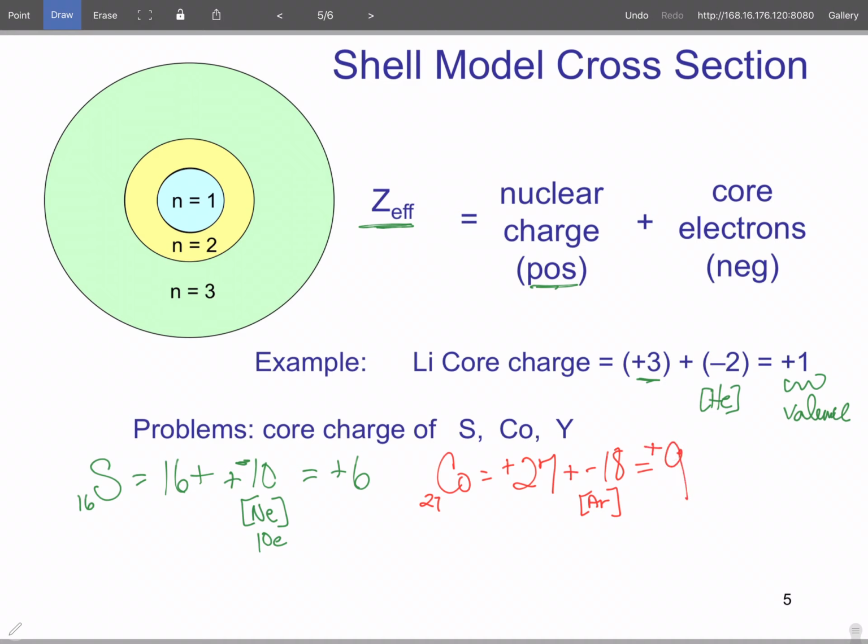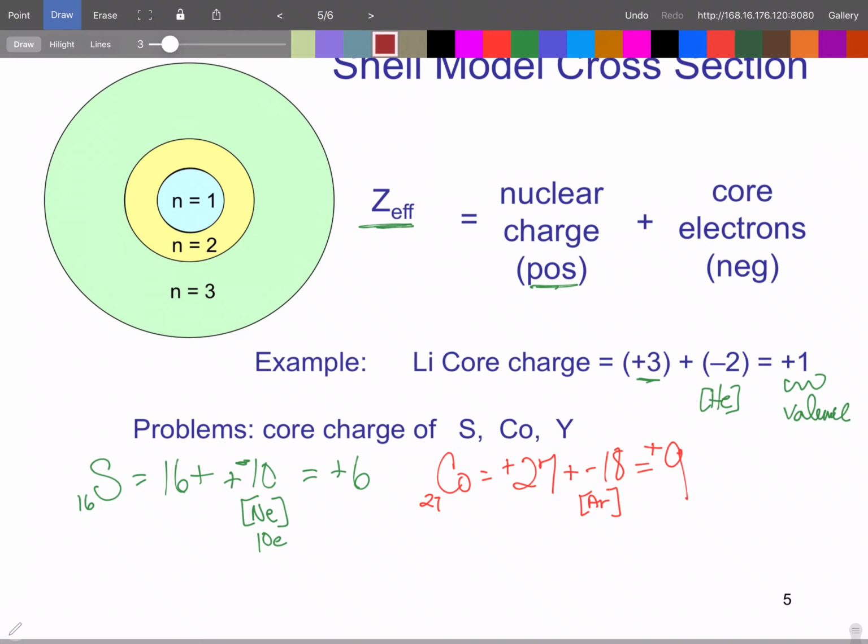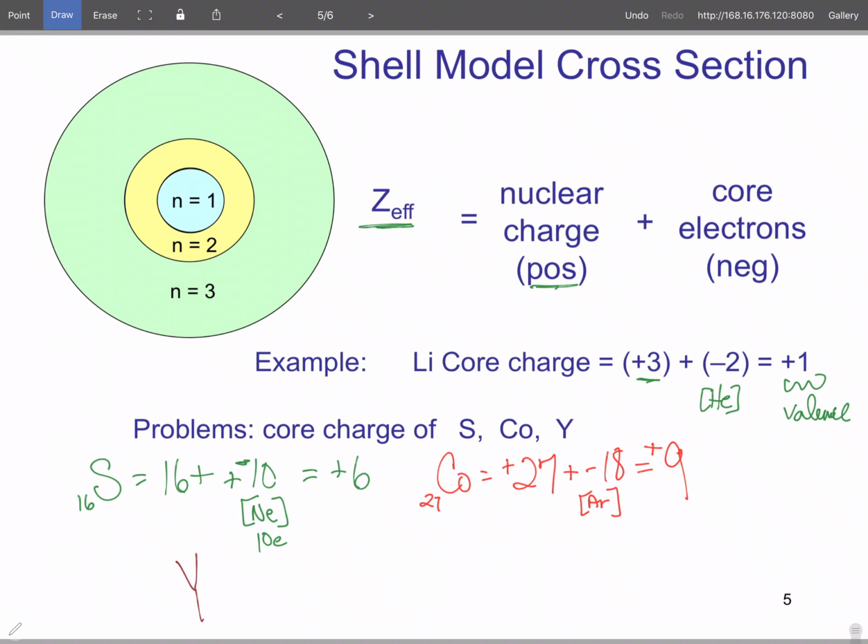So the valence electrons for cobalt, which has 27 protons, are only going to feel a 9 plus. So another one is yttrium. Yttrium has an atomic number of 39. So it has 39 protons, and the nearest core to it is krypton, which has 36 electrons. So minus 36. Do you have to put the core in? No, I'm just trying to point it out. So the valence electrons for yttrium only feel a 3 plus charge.